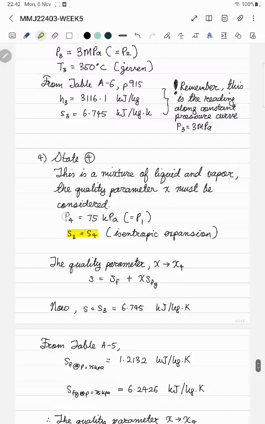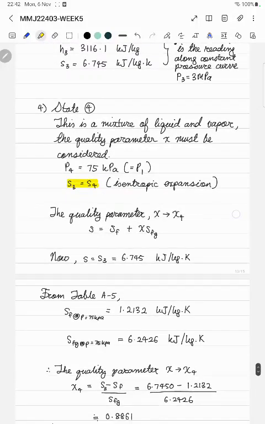We also know from the input and output of the steam that pressure 4 is equal to pressure 1. And because it is an isentropic expansion, the entropy S3 is equal to the entropy S4. And the quality parameter, we are going to denote it as x4.